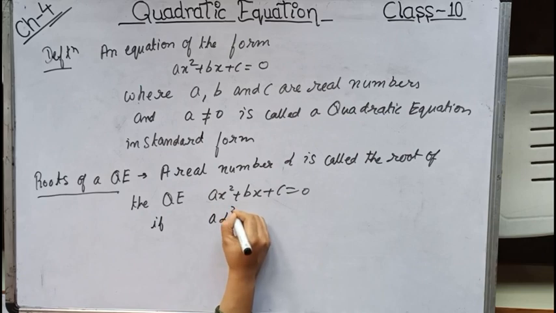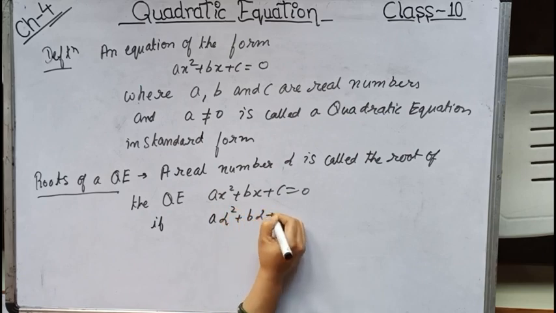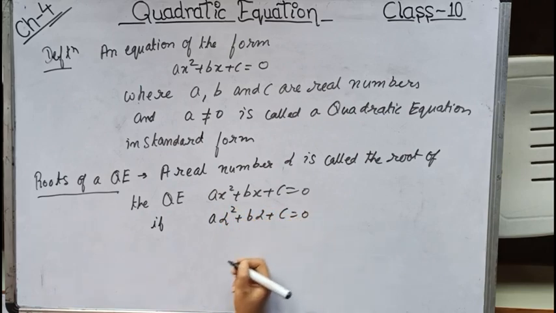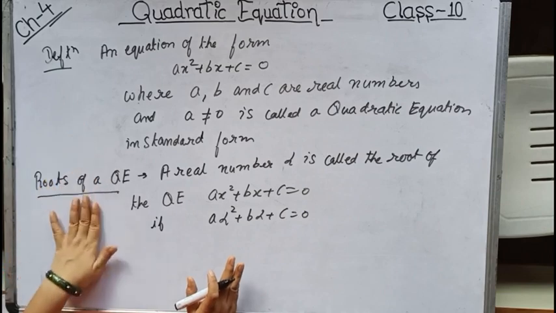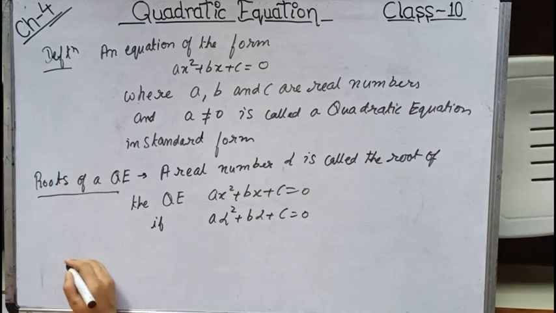If a alpha square plus b alpha plus c equals to 0. So right now we understood what is quadratic equation, what are the roots of a quadratic equation. The last simple definition also let us understand.